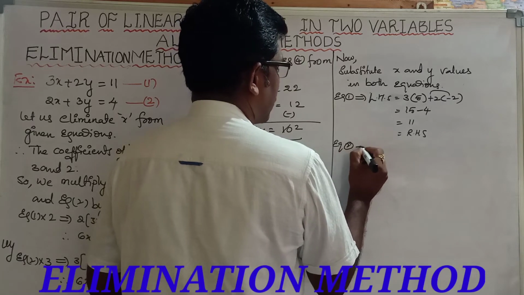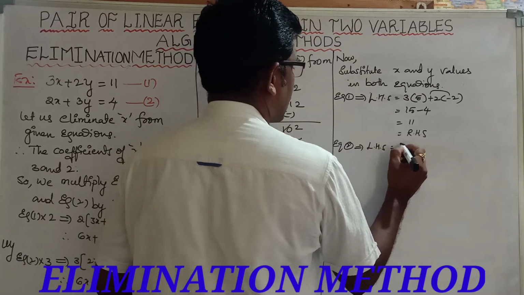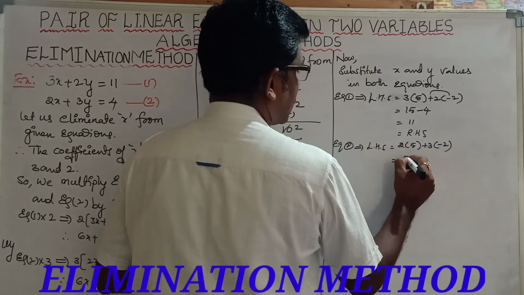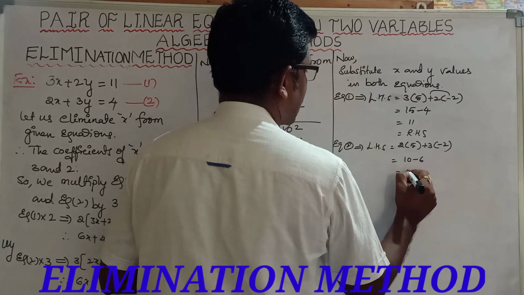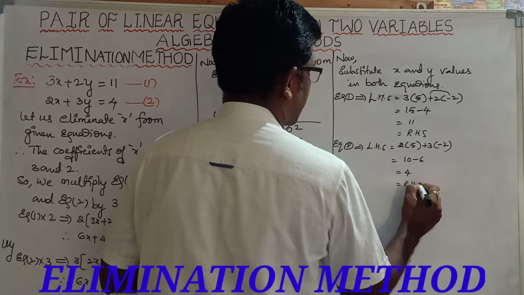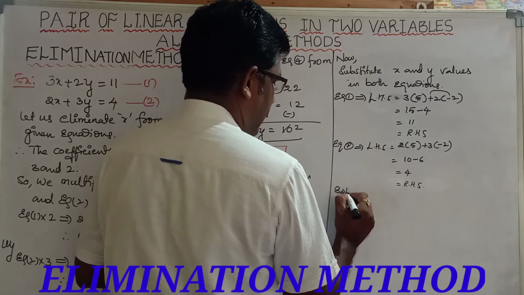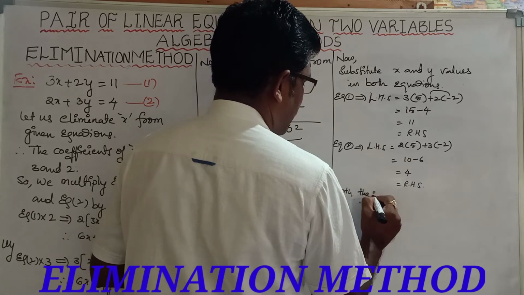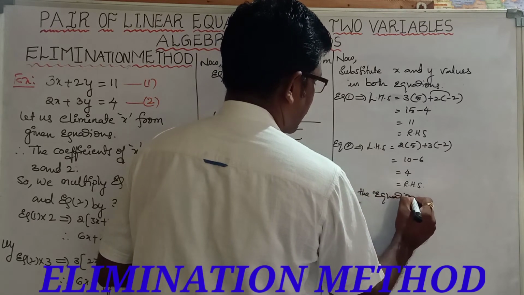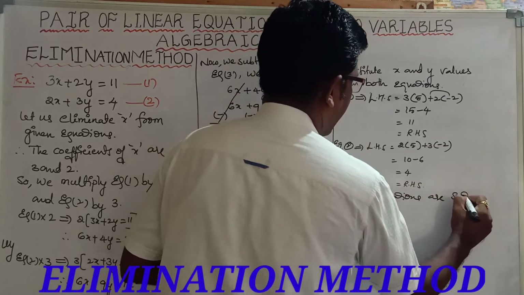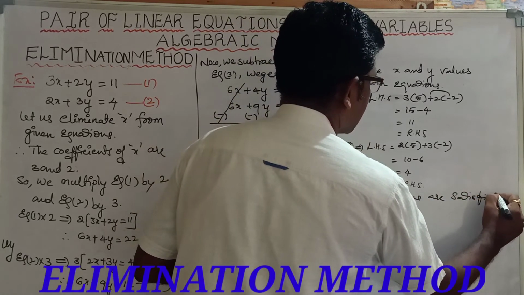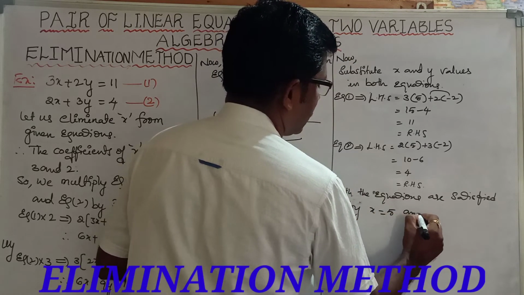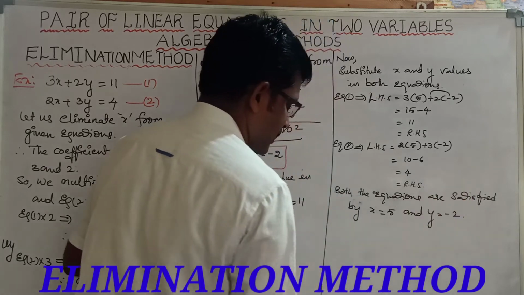Then equation 2 implies LHS, 2 into 5 plus 3 into minus 2, 10 minus 6 is equal to 4, RHS. Therefore, both the equations are satisfied by x is equal to 5 and y is equal to minus 2.